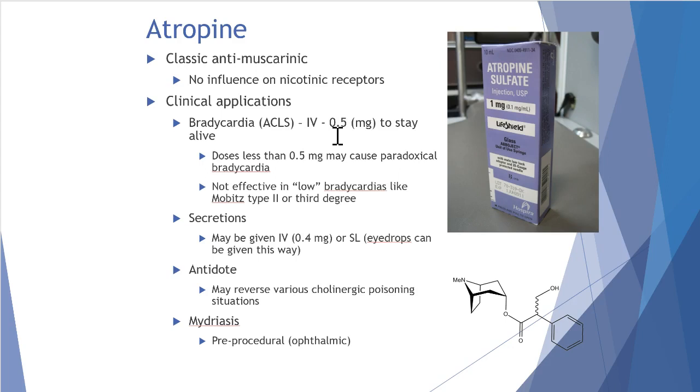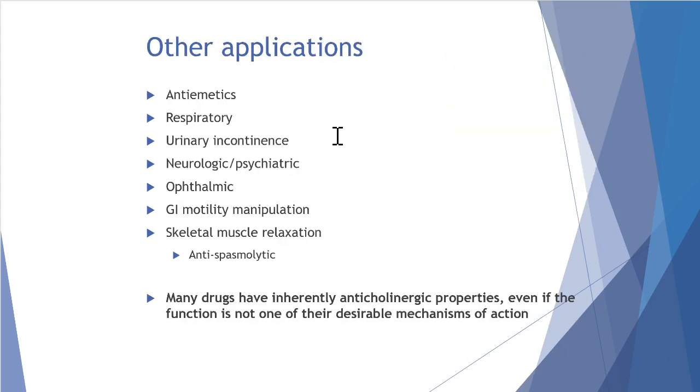And you might use anticholinergic drugs pre-procedurally for ophthalmic indications, which is pretty common. Something like that actually opens up the pupil, right? That's a good instance of using this, but that's really specific, obviously, and we aren't having much more of a discussion around these drugs other than that. A couple things we'll come back to: antiemetics, respiratory indications, urinary incontinence.